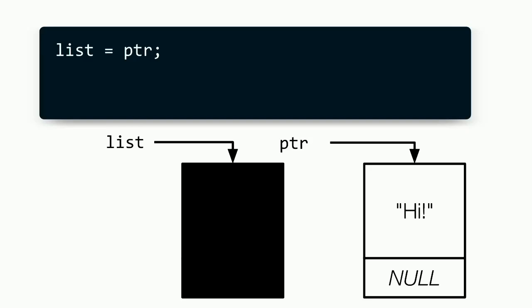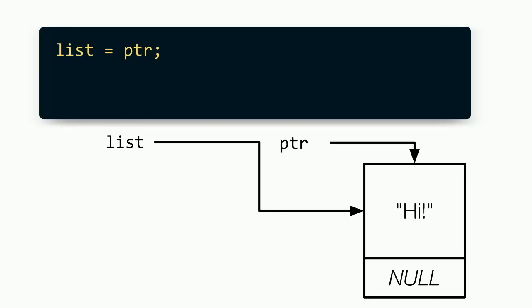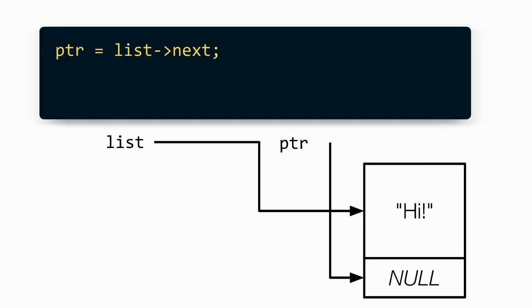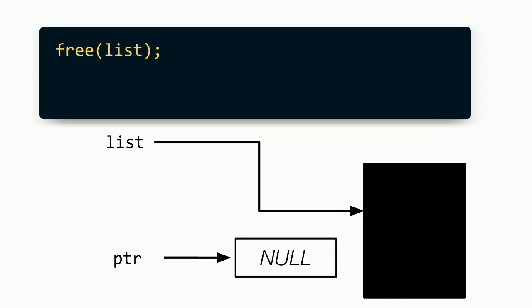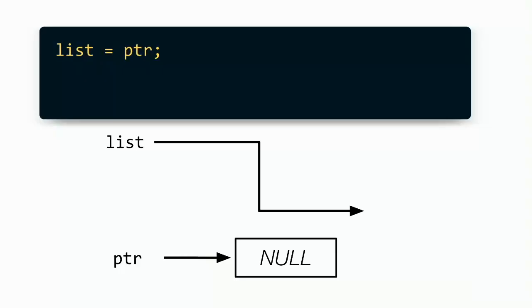And so I can reset list to pointer. So now it's at that new node. And again, I can reset pointer to the new next pointer. In this case, since we're at the end of the list, it's just equal to null. But then I can free list. Pointer is equal to null, which means I'm at the end of my list. And now everything has been freed, and we won't have any memory issues.